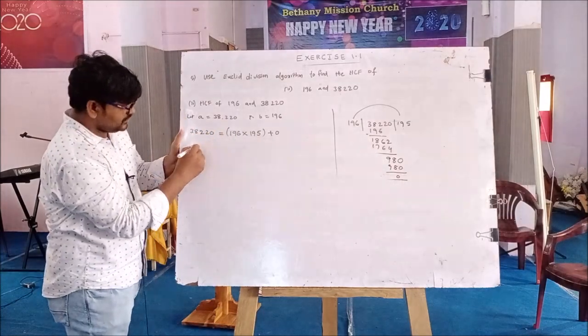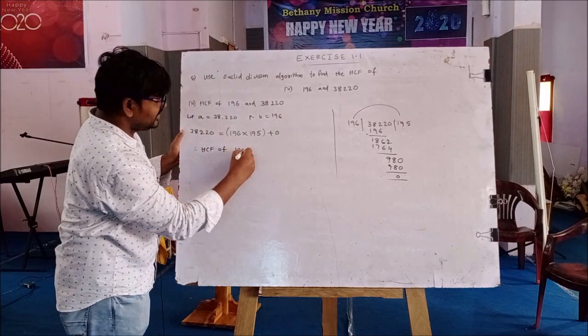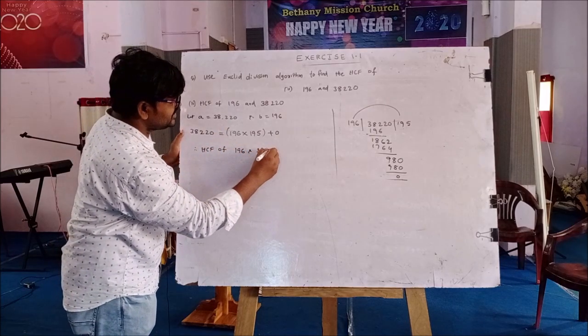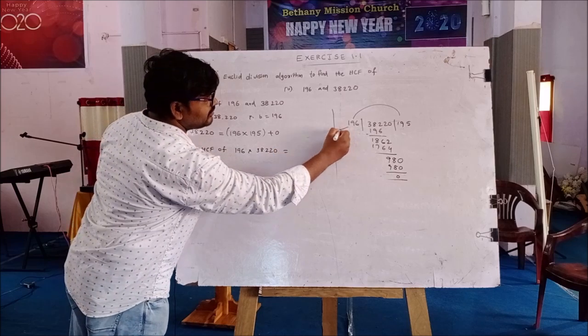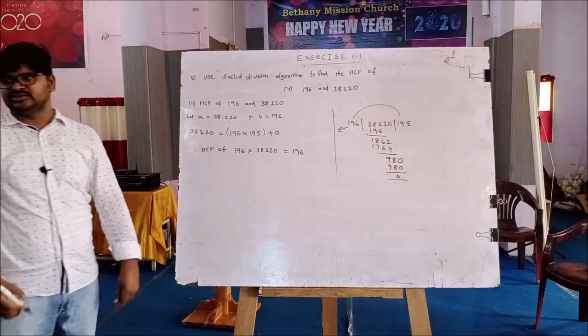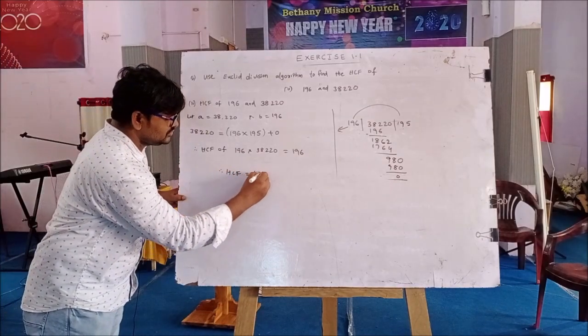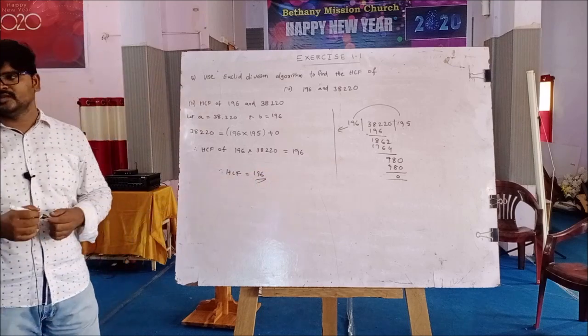So therefore, HCF of 196 and 38,220 is equal to 196. Therefore, HCF equals 196. Clear?